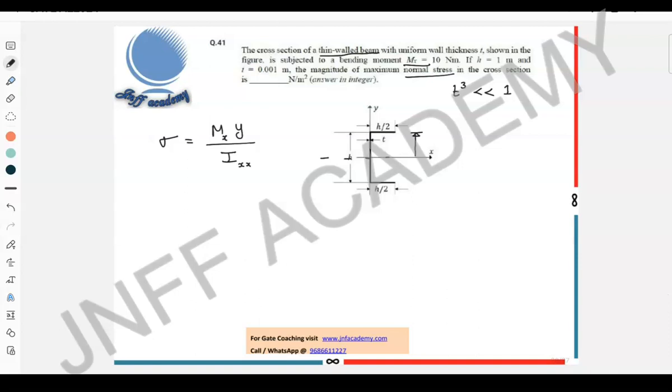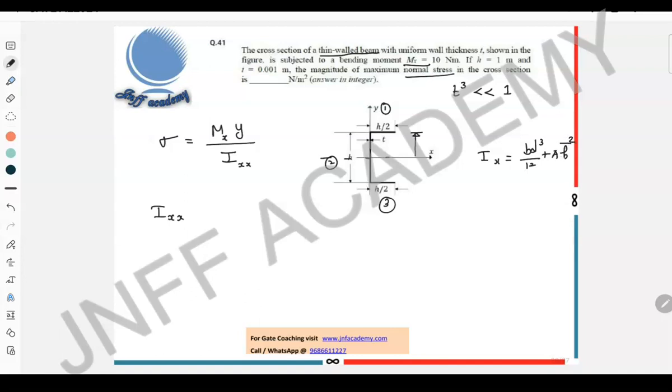At extreme fibers only we will get the extreme stress values. So here we need to find out Ixx first. For finding Ixx, I have to consider section 1, section 2 and section 3. The general formula for the moment of inertia is b d cubed by 12 plus A h bar squared.